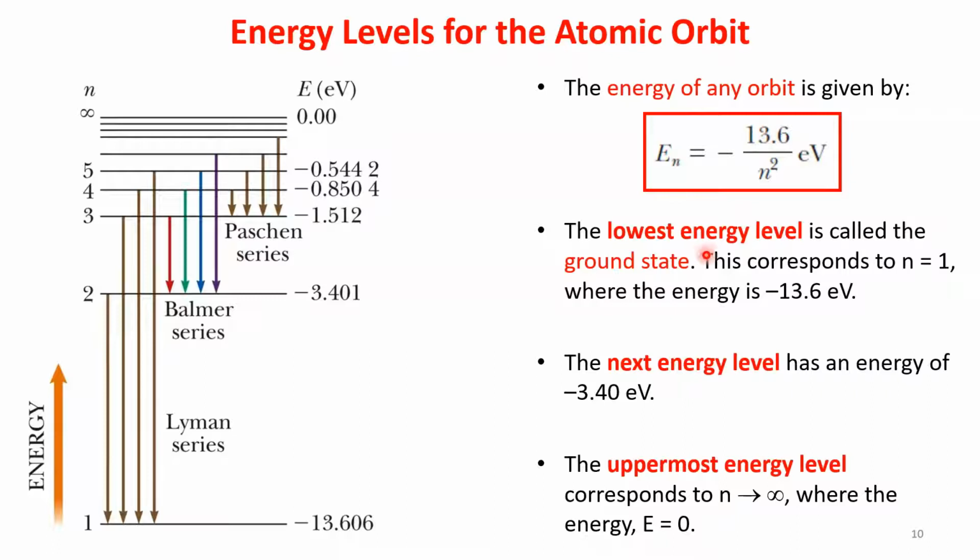The lowest energy level is called the ground state, corresponding to n equals 1, where the energy is negative 13.6 electron volt. The next energy level has an energy of negative 3.4 electron volt. The uppermost energy level corresponds to n approaching infinity, where the energy equals 0.